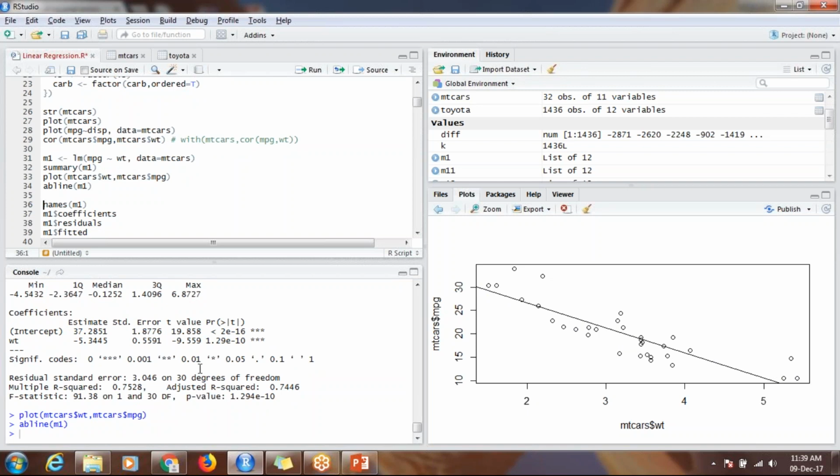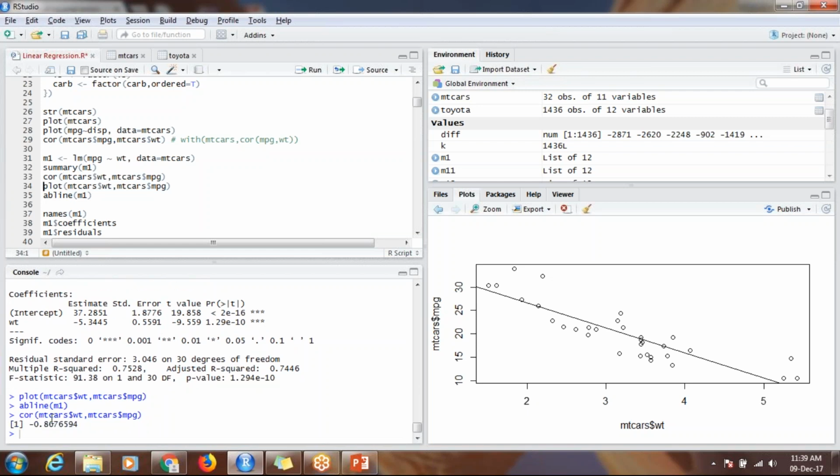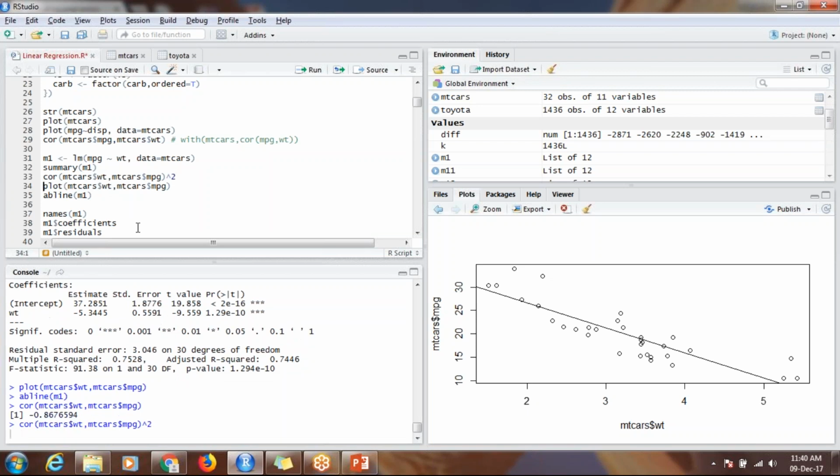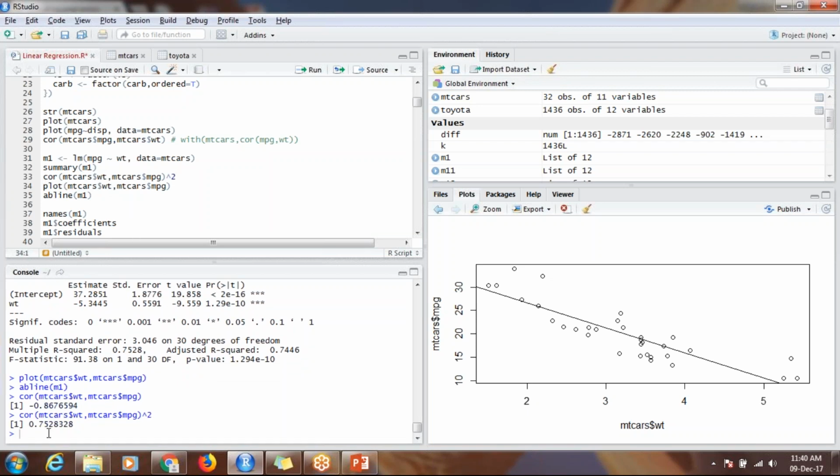And also one good thing, if I tell you here, the correlation value is this 86 point. Now if I make the square of this, I am getting this 75, and if you remember, this was my r square.